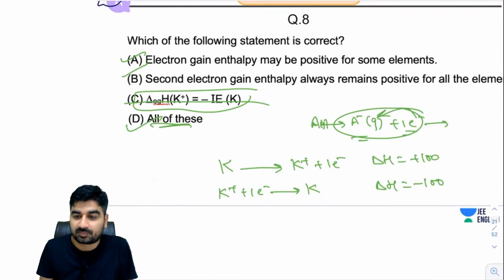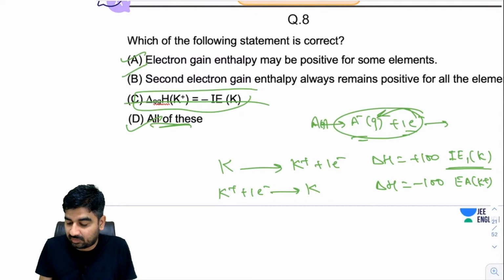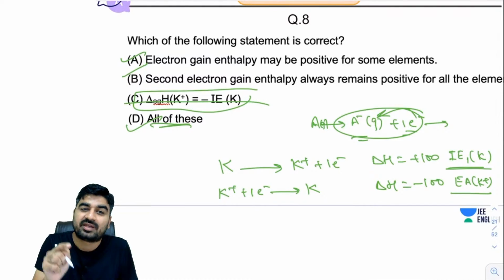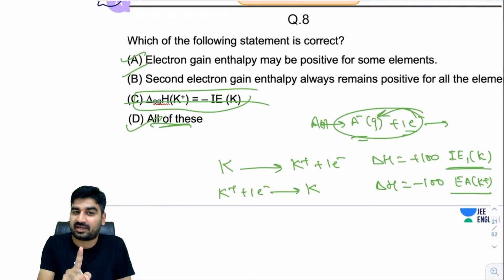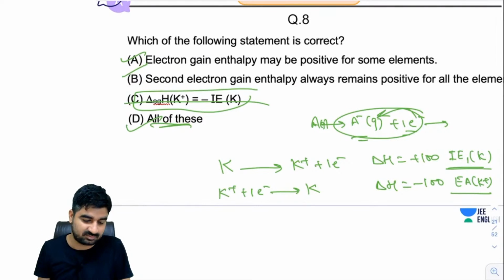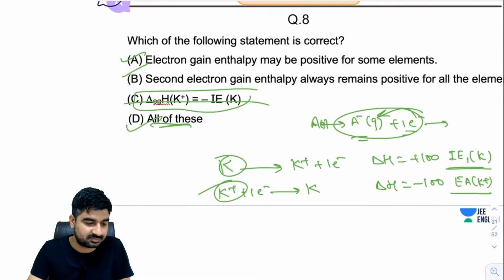This thing I told you. And we will call it the electron affinity of K plus. We will call it the ionization energy of K. So I1 of K will be equal to EA of K plus, not K. I hope you got my point.